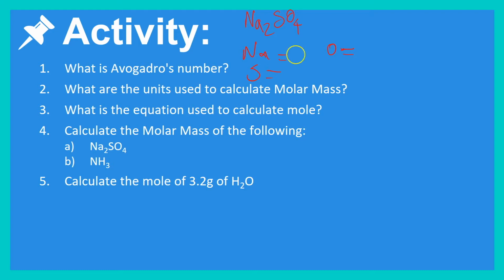So sodium is 23, sulfur is 32.1, and oxygen is 16. So the molar mass of Na2SO4 is going to be equal to 23 for sodium times 2, because there's 2 of them, plus 32.1 for sulfur, plus 16 for oxygen, and there's 4 oxygen, so you're going to have to go times 4.